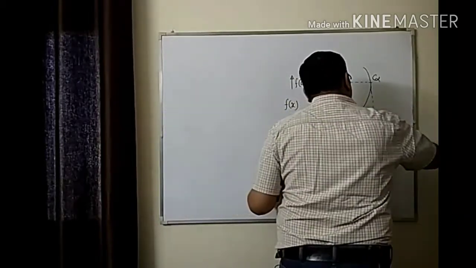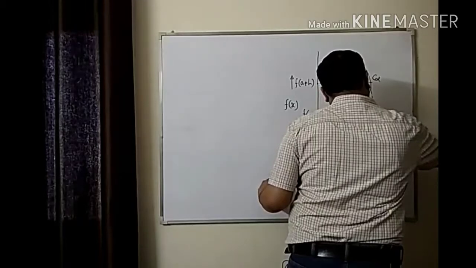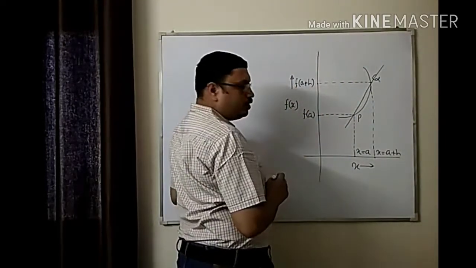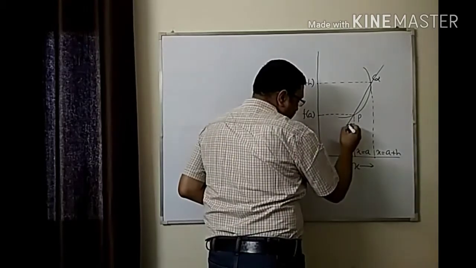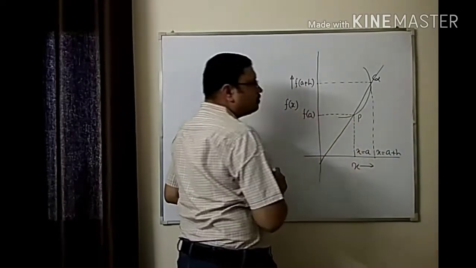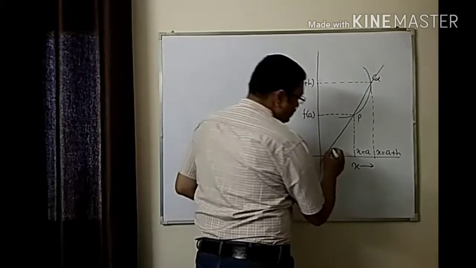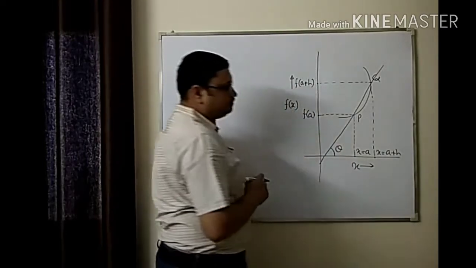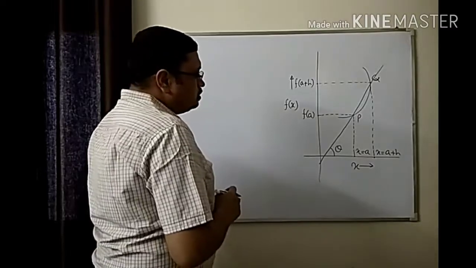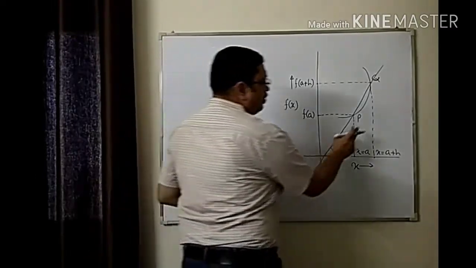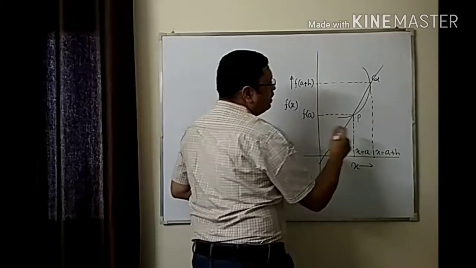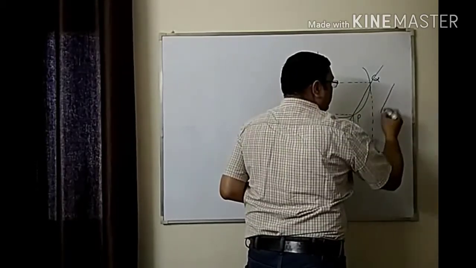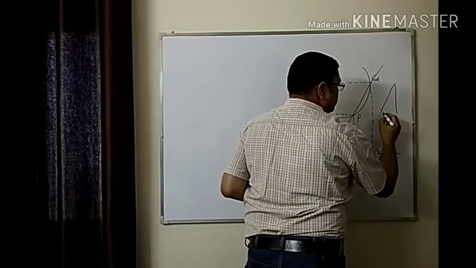Now if we draw a line connecting P and Q, and we extend this line till the x-axis, then this line forms an angle, suppose theta. Now we can draw it in the form of a triangle like this.